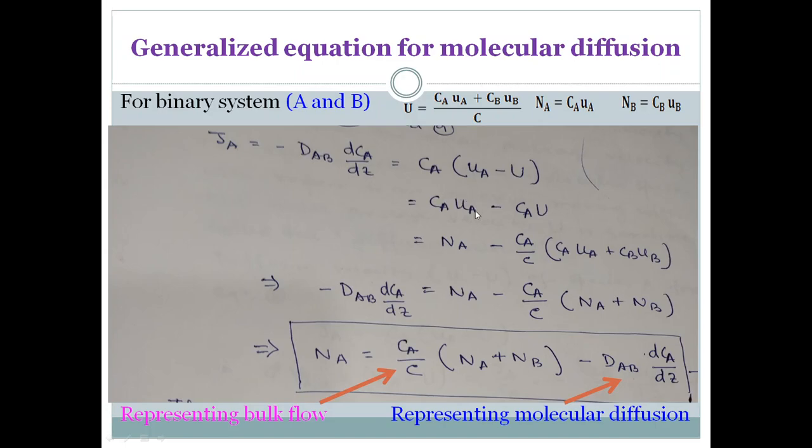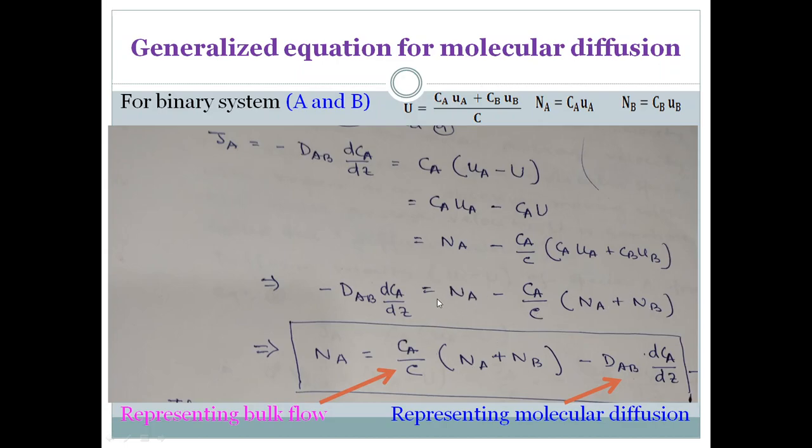Now what is this? C_A U_A, that is equal to N_A. So this is coming N_A minus C_A by C, where C_A U_A equal to N_A and C_B U_B equal to N_B.